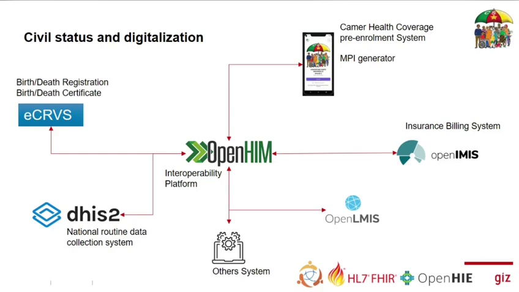OpenHIM also allows us to transmit all the statistical data to DHIS2. Talking about the master product list and supply chain management, we have the opportunity to link maybe OpenLMIS to openIMIS so that the information can be exchanged through openIMIS without problem.